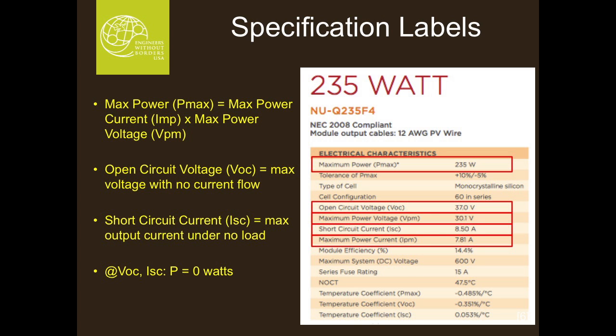It's worth noting that photovoltaic modules are one of the few electrical devices that you can short with absolutely no ill effects to the module. Although VOC and ISC are important design parameters, operation at these values won't produce useful energy. So we want to be, again, somewhere between the two, ideally at that maximum power voltage to yield our Pmax output.